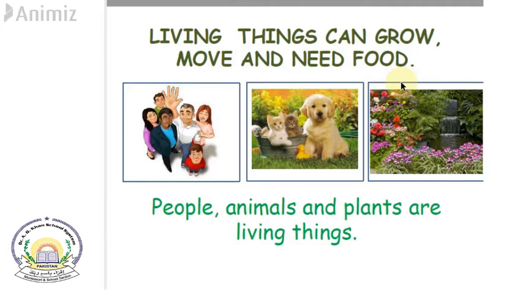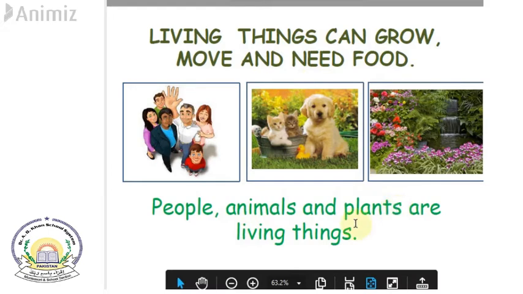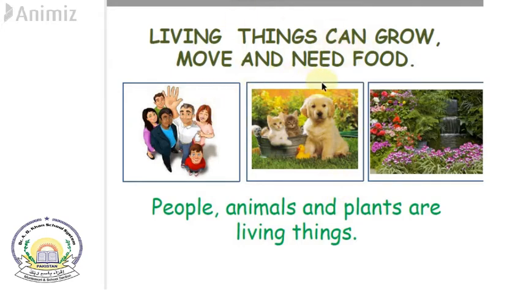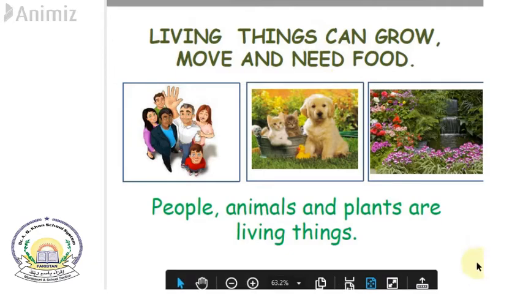As you can see, humans can grow, animals can grow, plants can grow. So people, animals and plants are living things. These all are living things because they move around, they can grow, and they need food. They cannot be created, they are born. Okay, so these are living things.